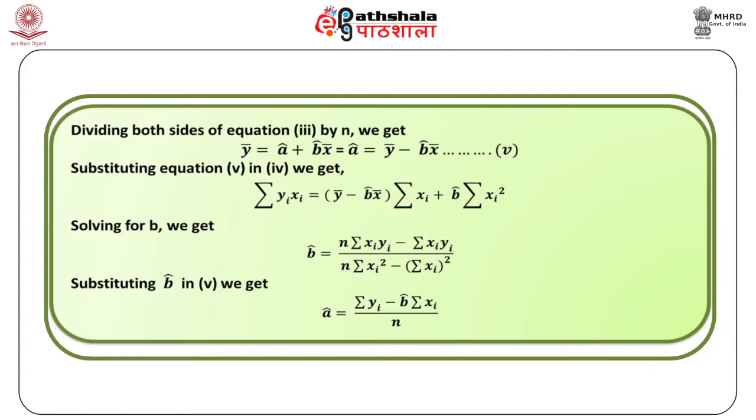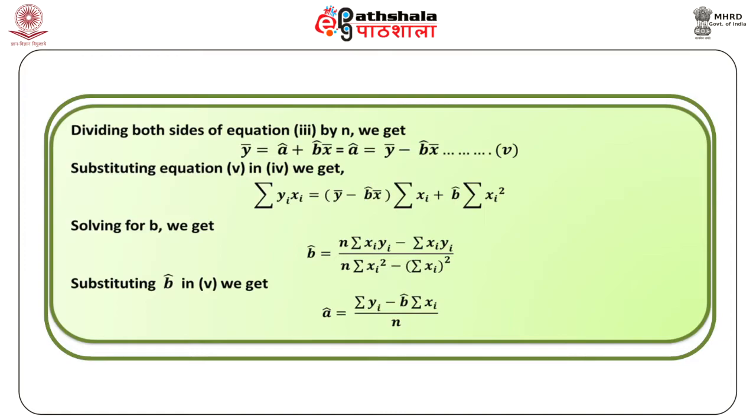Substituting equation 5 in equation 4, we get summation yi xi equals y bar minus b cap multiplied by x bar multiplied by summation xi plus b cap multiplied by summation xi square.